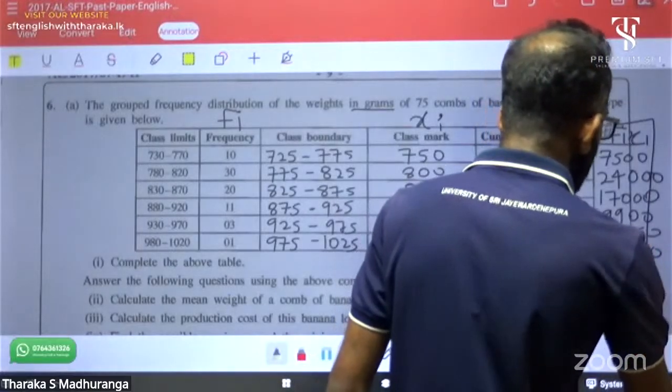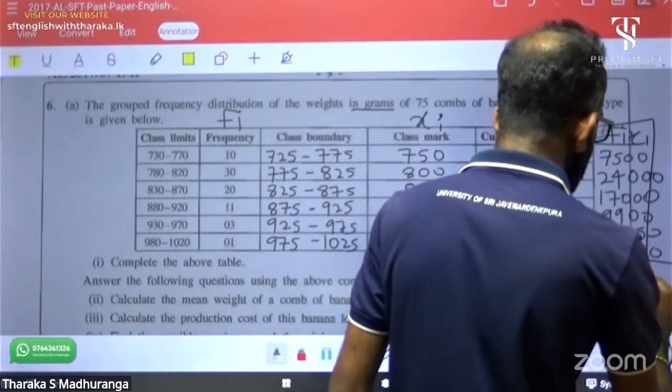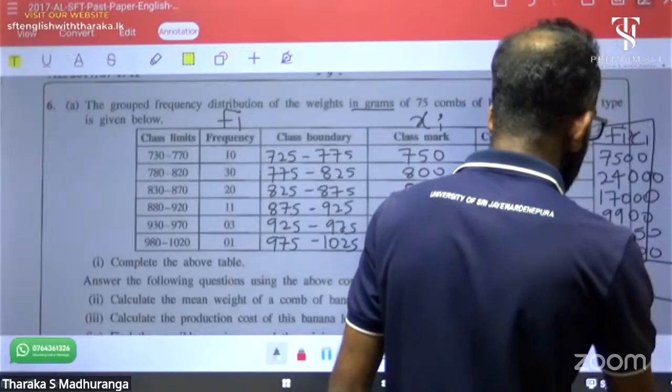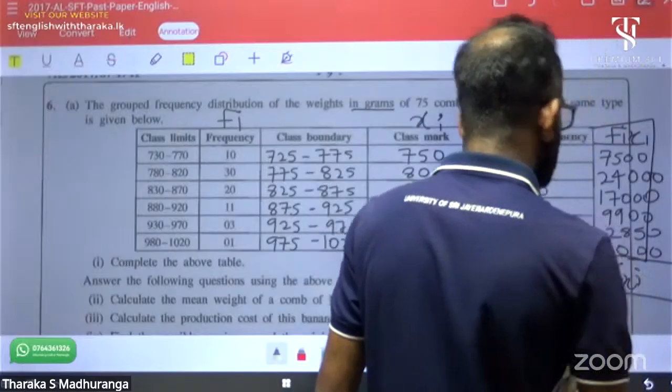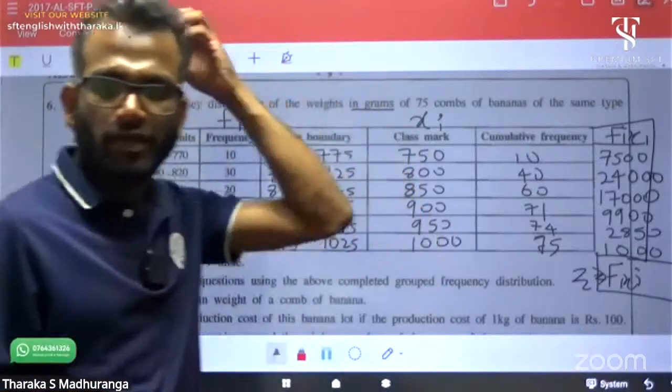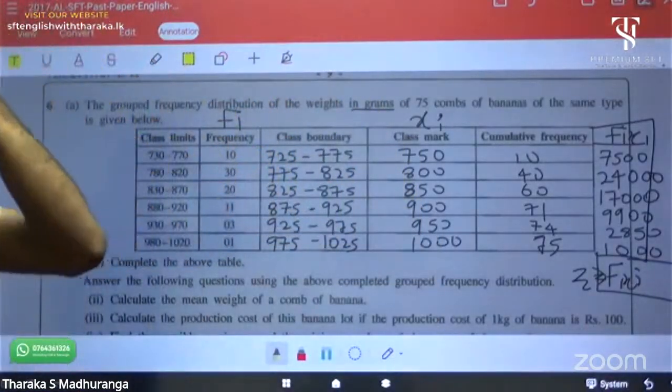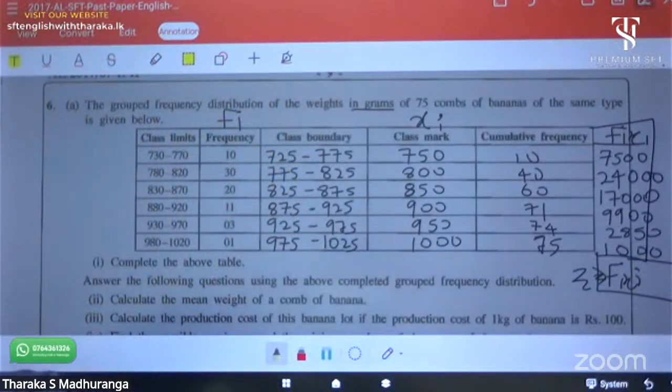Okay, now you can get the summation of fixi, sigma fixi. What is the value of sigma fixi?